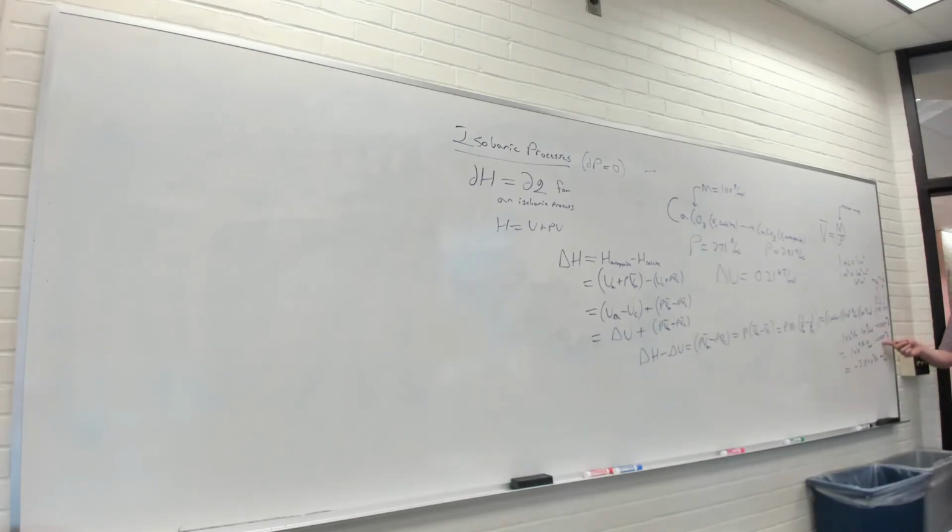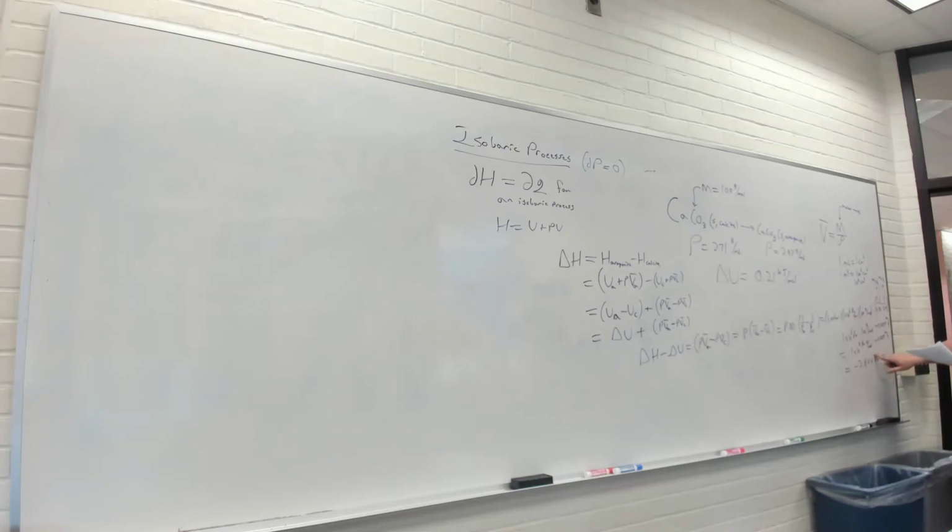All right, we have 10 to the 8 times 1, 2. Do I have 10 to the 7 here? Yeah, no, that's right. Minus 2.8 times 10 to the 5. I think it's 10 to the 6. Pascal centimeters cubed per mole. Yeah, you're right.